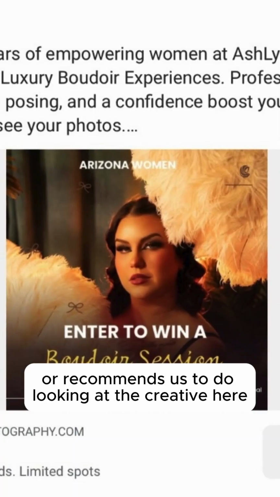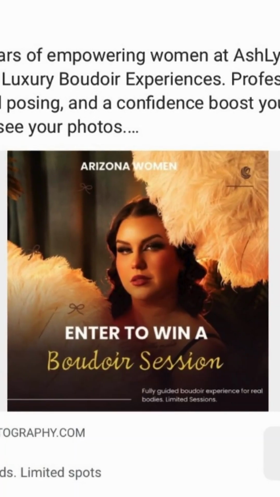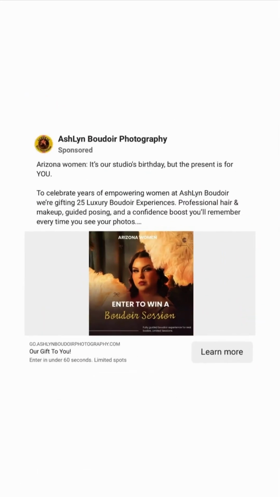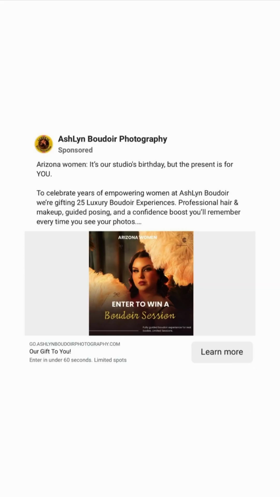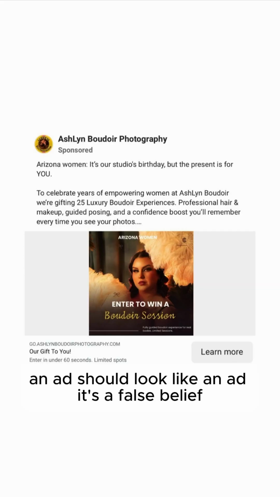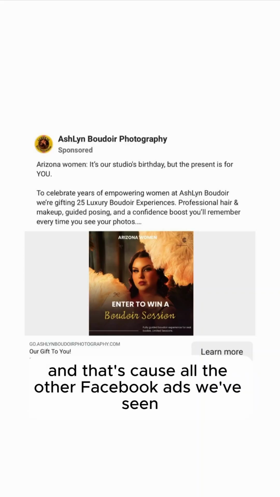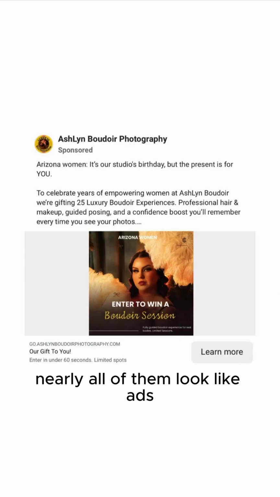Looking at the creative here. It looks like an ad mistake. The false belief that causes us to make this mistake is we believe that an ad should look like an ad. It's a false belief. And that's because all the other Facebook ads we've seen, nearly all of them look like ads.